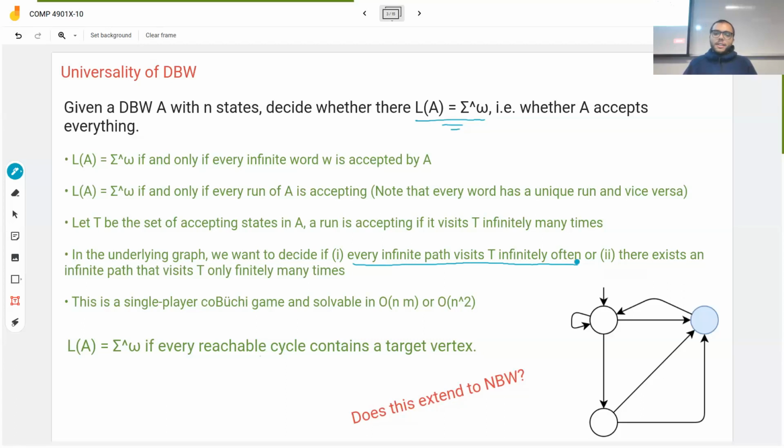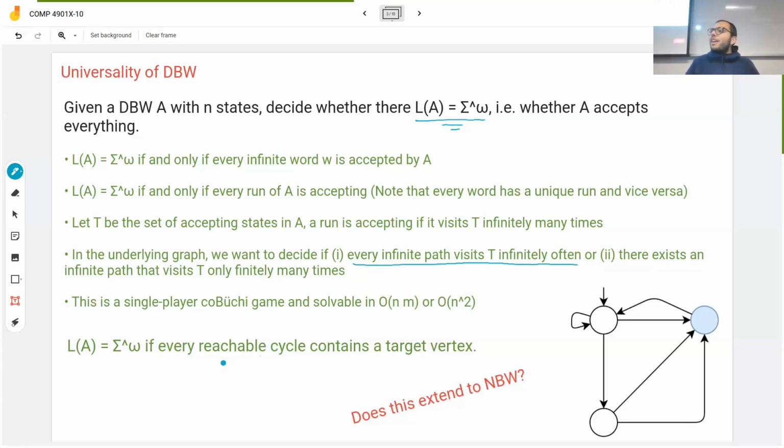Okay. Now, consider all the cycles, consider all the simple cycles, let's say. I have finitely many cycles, but I have an infinite path. So there is at least one cycle that is seen infinitely many times, right?